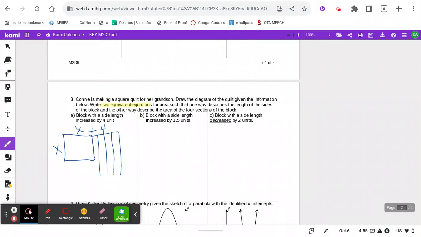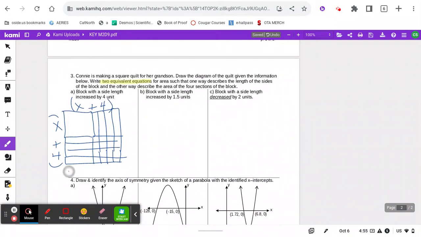You're going to go out 4 on this side and out 4 on this side, because a square has equal side lengths. Then those 2 outside numbers, x plus 4, become our first factored form expression. Now we multiply those to get the inside so we can get standard form.